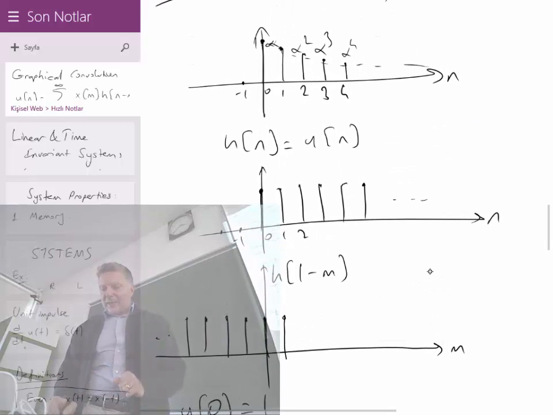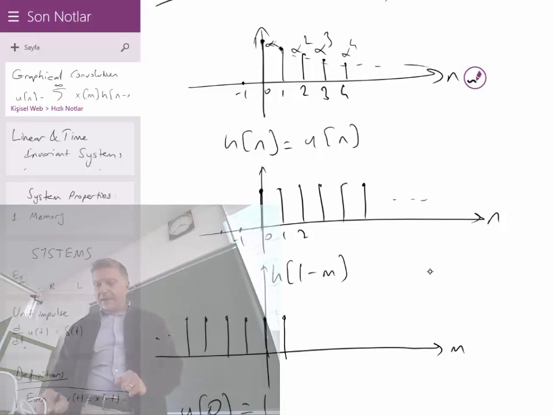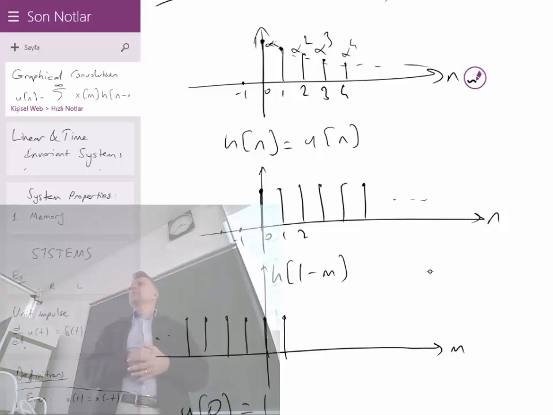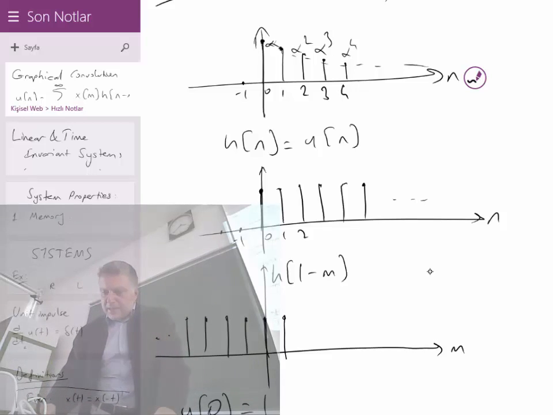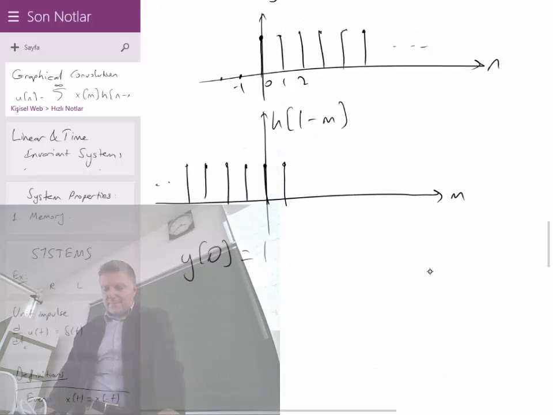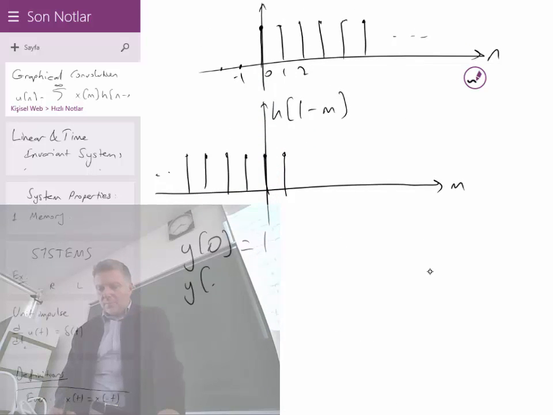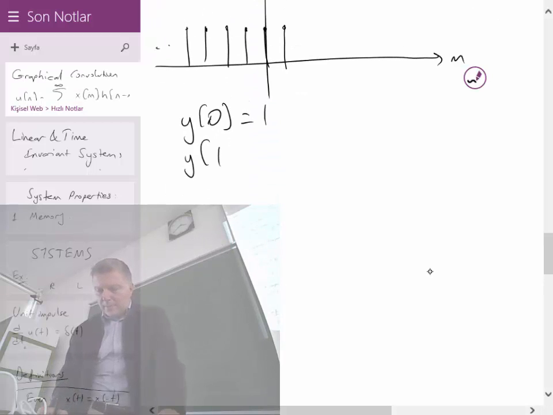And we need to multiply this shape at the bottom with this top shape and then add the multiplication, or accumulate the multiplication. What are those multiplications? There is 1 times 1, which is 1, and then there is alpha times 1, which is alpha. So it is 1 plus alpha. Good. y of 1 is 1 plus alpha.